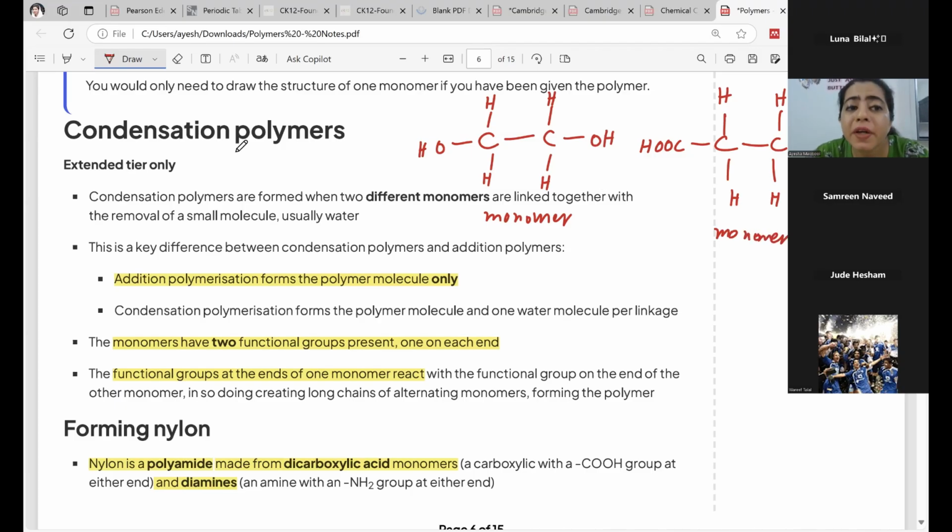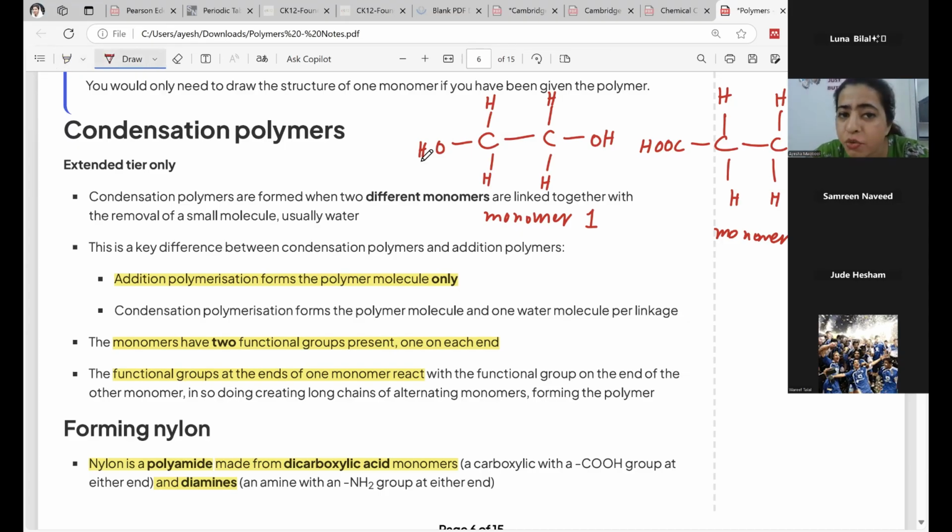Condensation polymer means you are going to have two different monomers. Both the monomers should have two functional groups on both sides. Only then can they combine together to make a condensation polymer. For example, this is monomer number 1. It has two functional groups, OH on this side and OH on the other side.